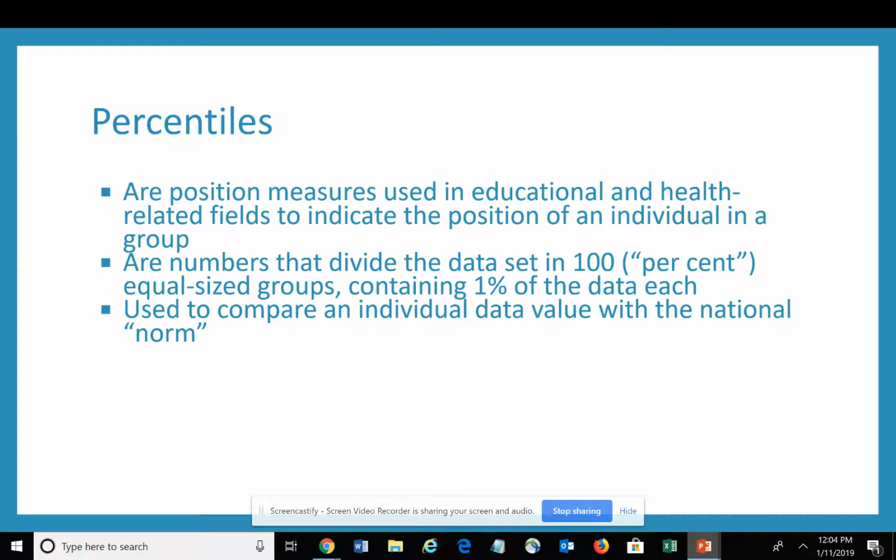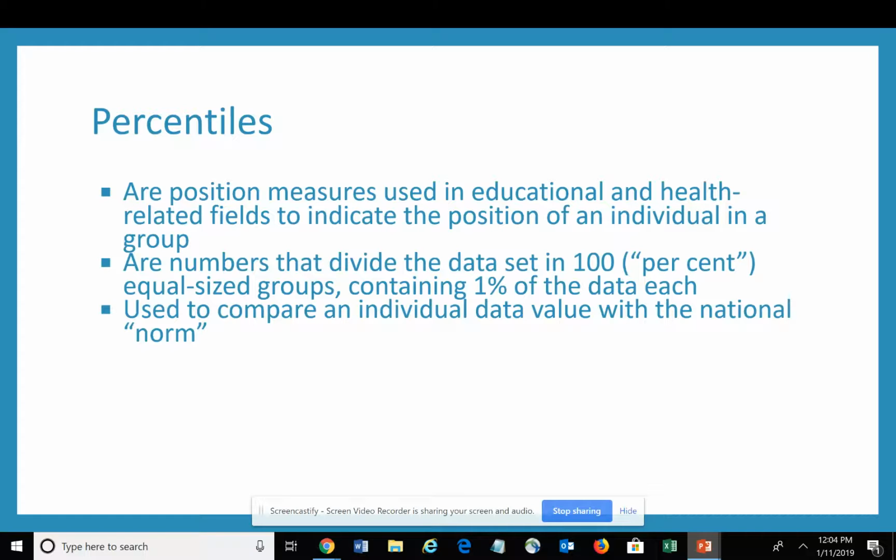What they're doing there is they've taken your score and compared it to all the other individuals who took the test, and they're looking at how your score compares, and we'll talk about the interpretation a little bit more in just a minute.